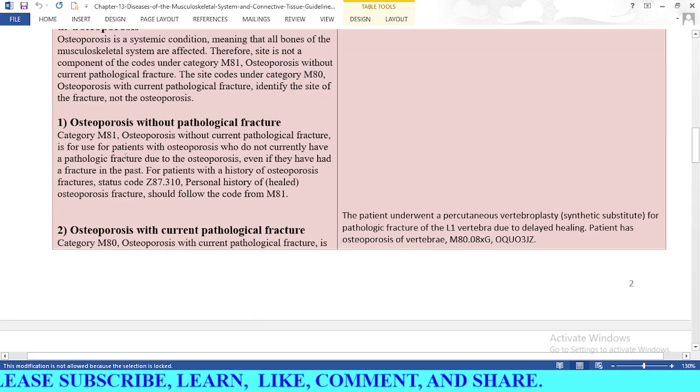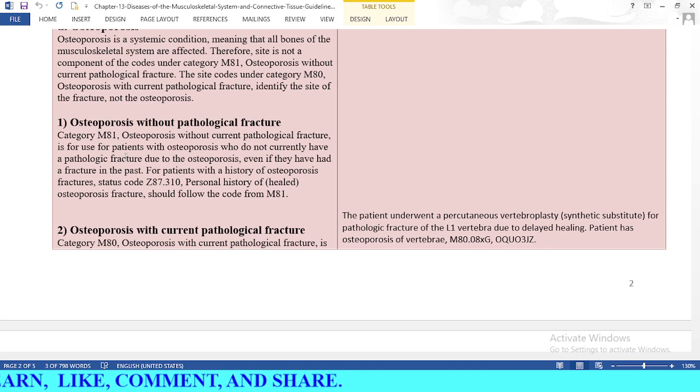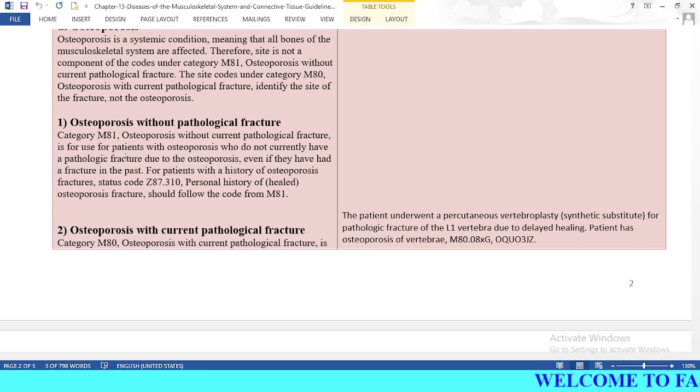So osteoporosis without pathologic fracture. Category M81, osteoporosis without current pathologic fracture, is for use for patients with osteoporosis who do not currently have any pathologic fracture due to osteoporosis, even if they had a fracture in the past. So basically, when do you code osteoporosis without pathologic fracture? The patient has osteoporosis, but there is no fracture in the documentation or the current condition.